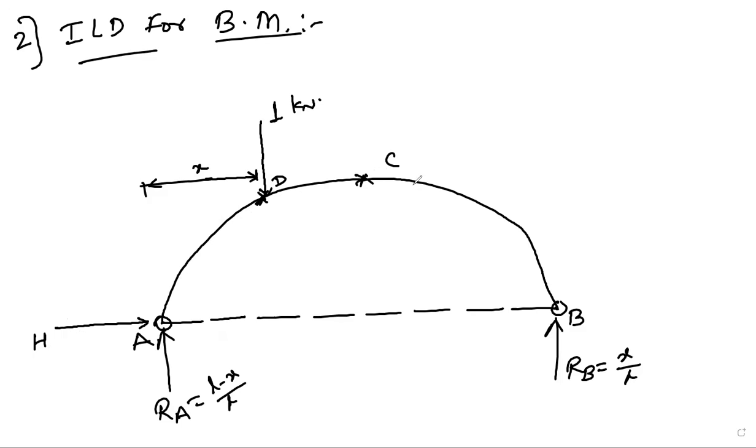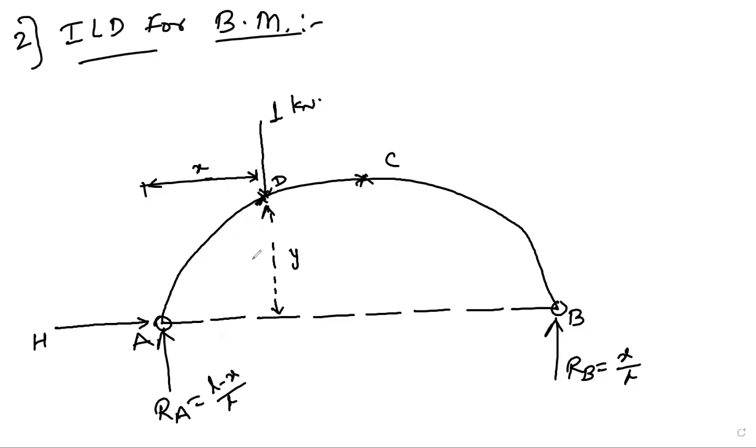Right? Suppose this vertical distance I have taken as y at point D. Okay, this is your H, RA, x.